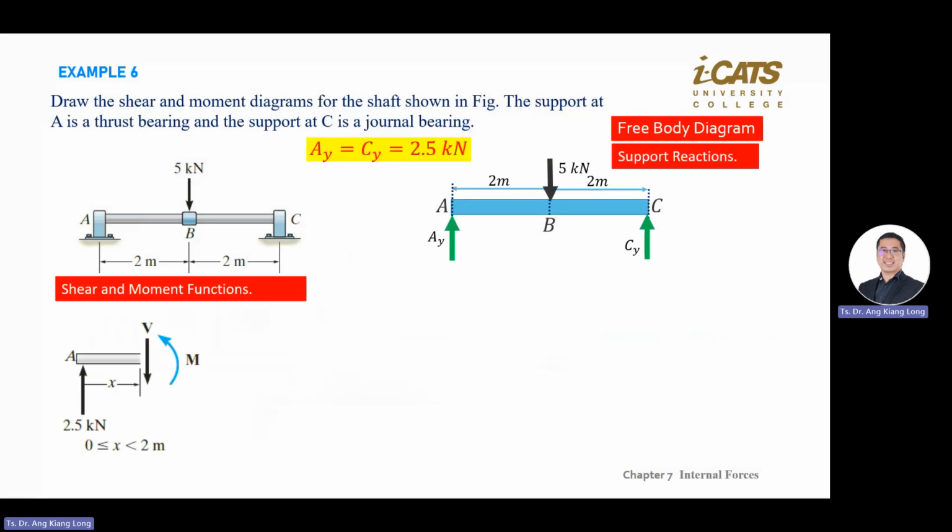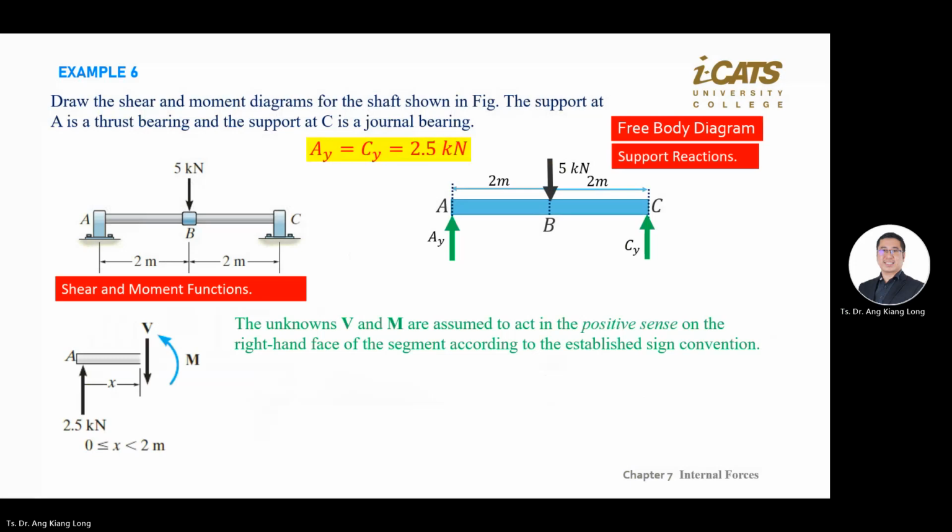So this is the first step when you want to draw the graph. So here your x will be from 0 to less than 2 meters, which means near to the focus load, very near to 5 kilonewton. This does not have equal to, it is near to 2. So the catchy part is here.